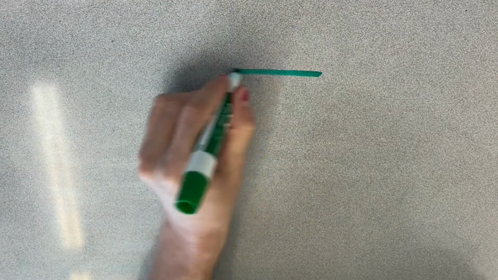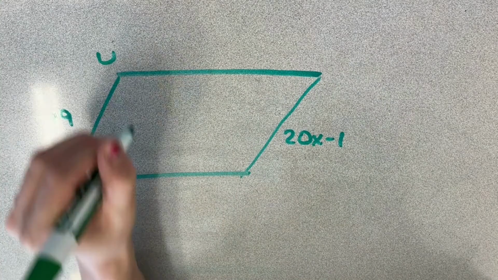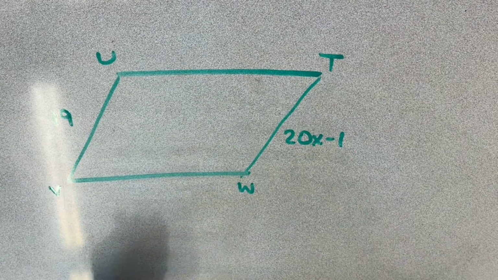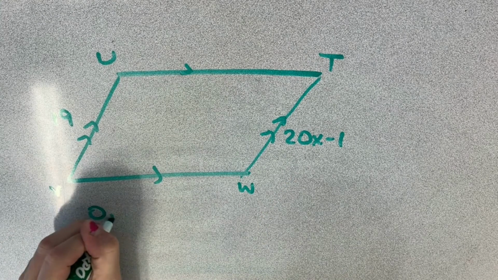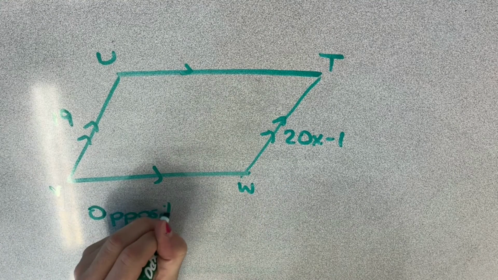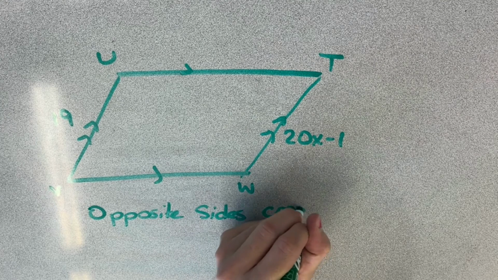Moving right along, example number 2. Here we have a side that's 19 and a side that's 20x minus 1. Assuming this is a parallelogram, again, opposite sides have to be parallel, we know that our opposite sides are congruent. Our opposite sides are the same length.